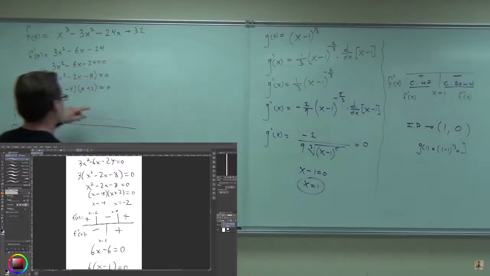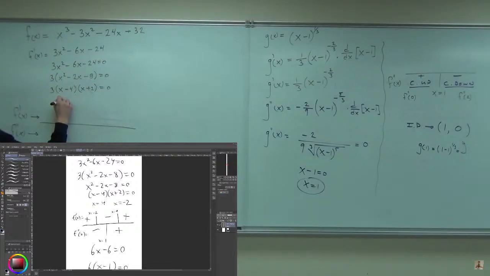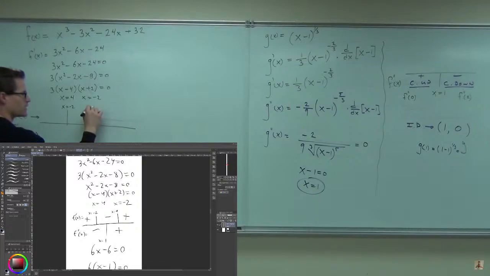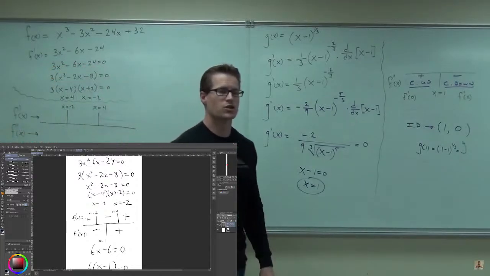So right here on our first derivative test, we got, okay, x is 4. We got x is negative 2. We're going to get negative 2. And we're going to get 4. That's our first derivative test. Now we get to plug in some numbers. So why don't you do that on your own?